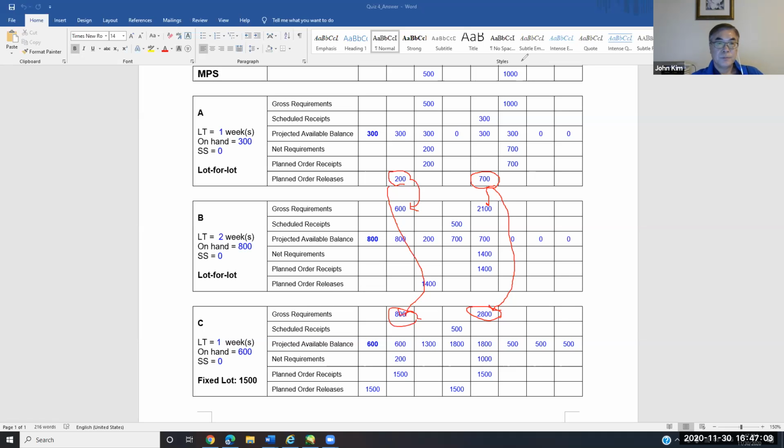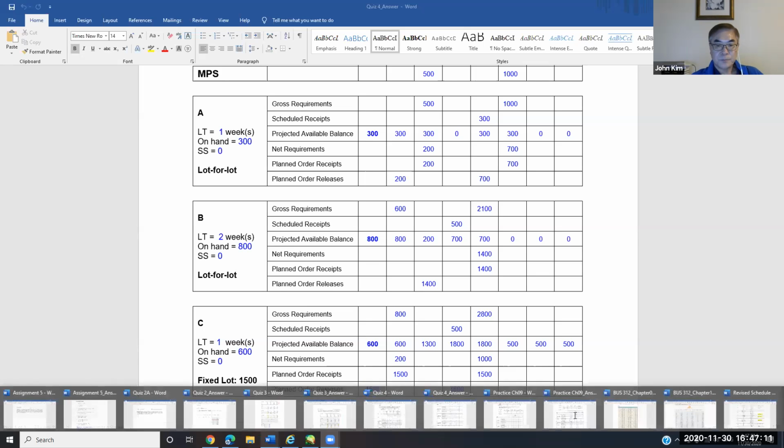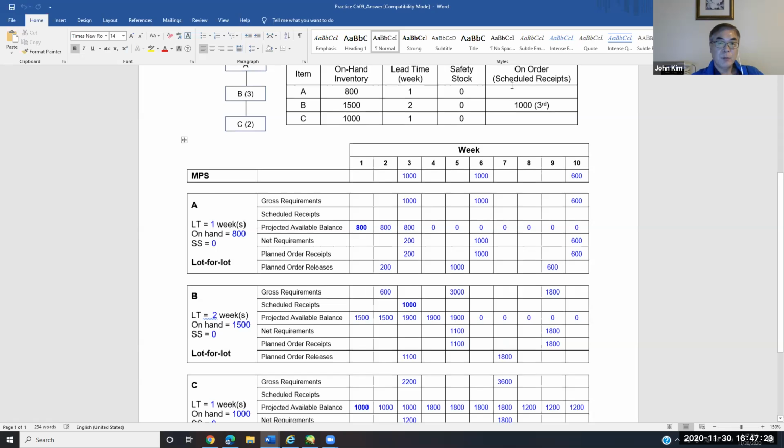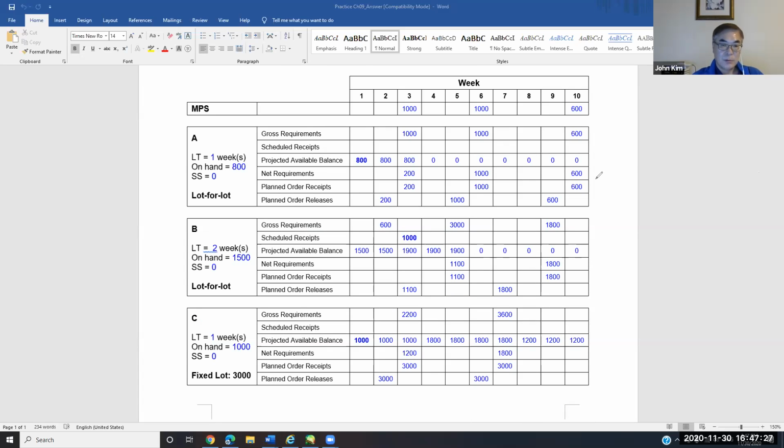But for that practice problem, B connected to A, C connected to B. So the requirements differ based on the bill of material.